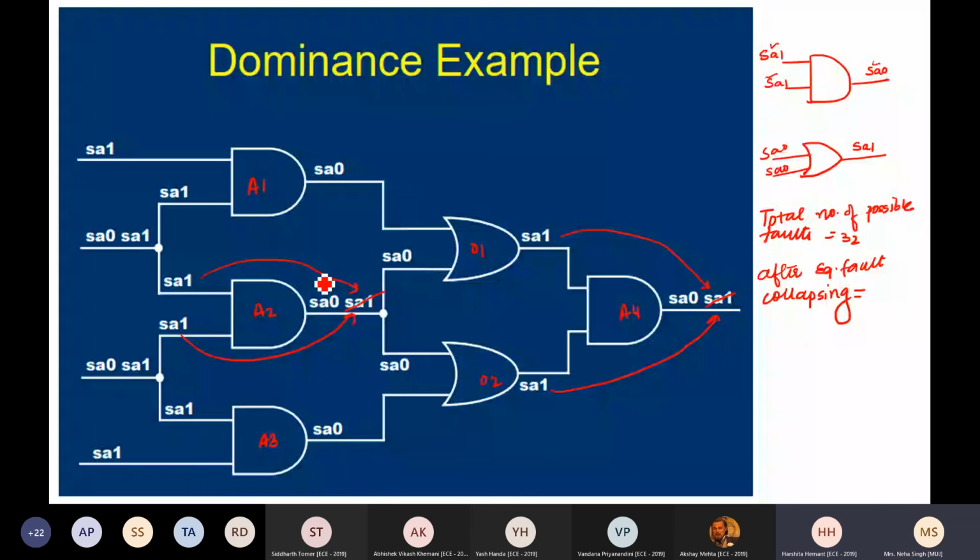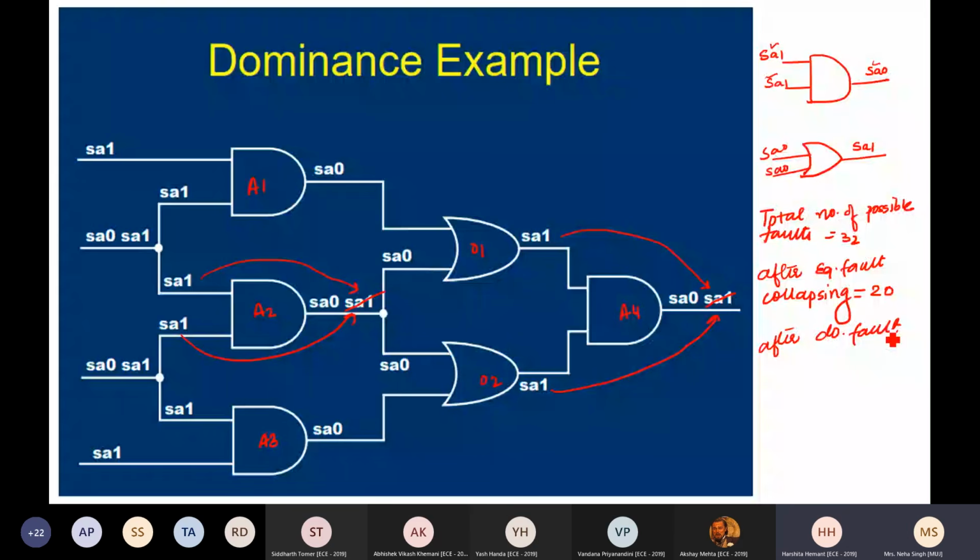And after dominant fault collapsing, how many left? I removed 2 further. ये stuck at 1 हटा और ये stuck at 1 हटा, so I'm left with 18 faults now.